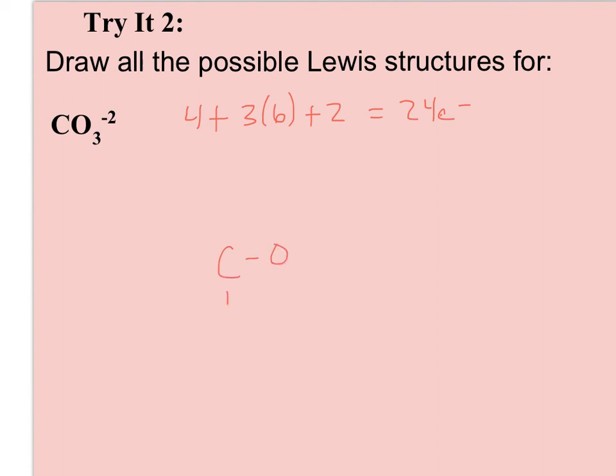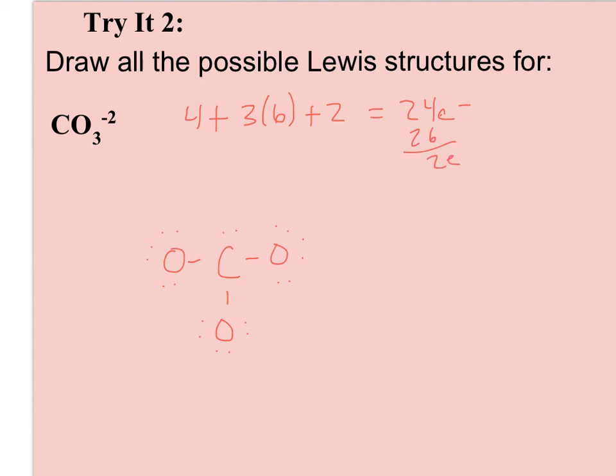When I draw in CO3, I'm going to need 2, 4, 6 on that oxygen, 2, 4, 6 on each oxygen, plus the carbon needs a lone pair. Now when I count up, I have 8 around each oxygen, so 8, 16, 24, and then the other lone pair on the carbon means I've used 26.